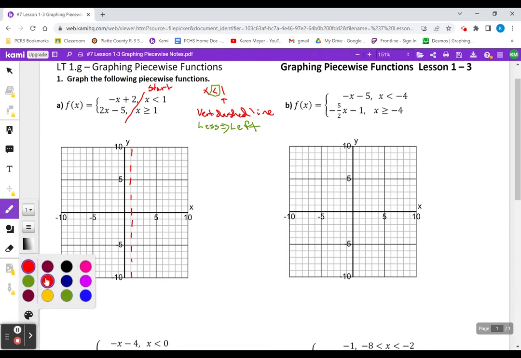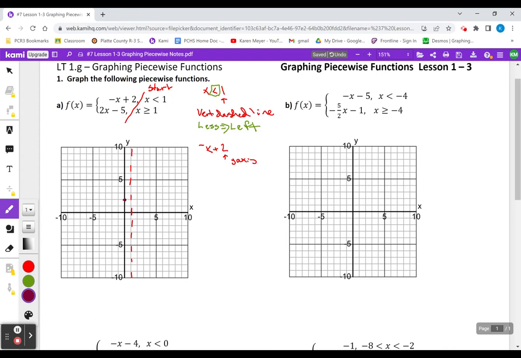Now, the right side over here, it looks like negative x plus 2. And that kind of looks like mx plus b. So we can graph that normally. Graph the y-intercept first. So we're going to graph 2 on the y-axis. So go up to 2, put a dot on the y-axis.